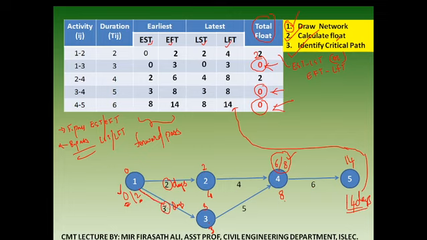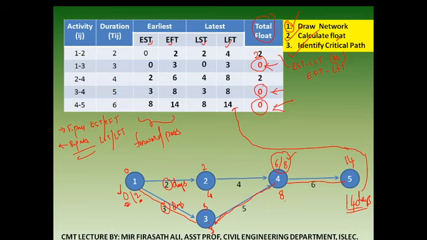So draw one more line over here. Again 3 to 4 is 0. Here 3 to 4. We need to draw the line. Again 4 to 5. So this is nothing but the critical path.